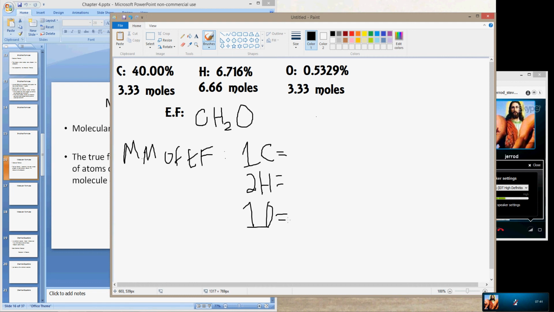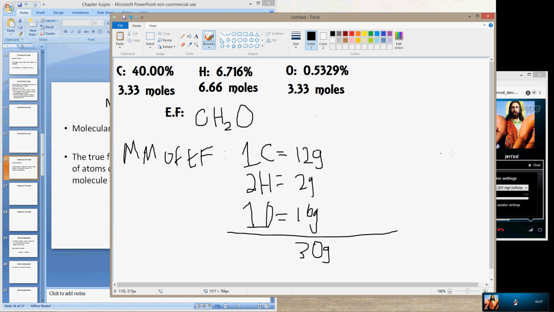So you just add the molar masses. This is 12 grams because carbon weighs 12, hydrogen weighs 2, and oxygen weighs 16. You get these numbers and you add them. That's 30 grams.